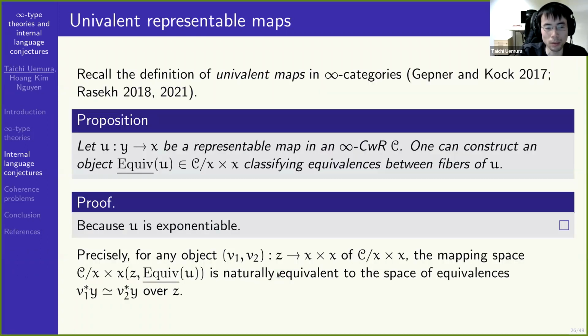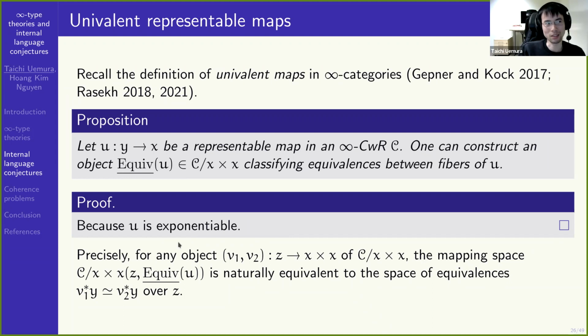So what is univalence? The univalent morphisms are already defined in the infinity categorical setting. First of all, we observe that for any representable map in an infinity CwR, we can construct the object Equiv, which classifies equivalences between fibers of this map. This is constructible because U is exponential.